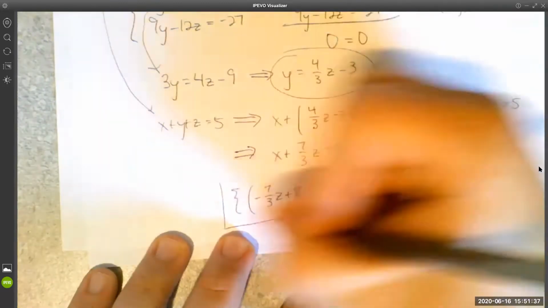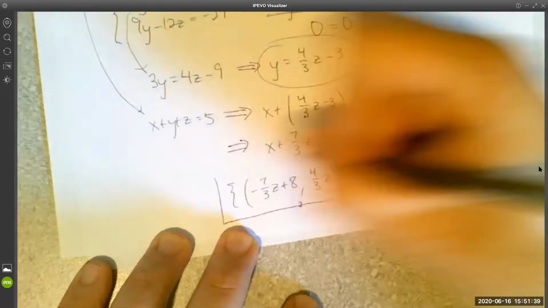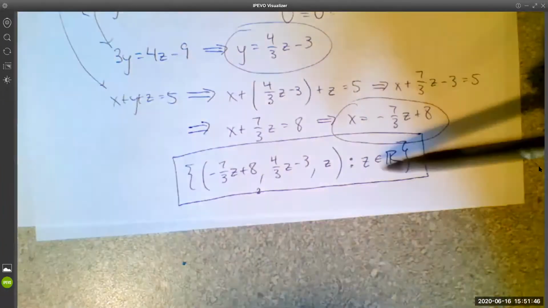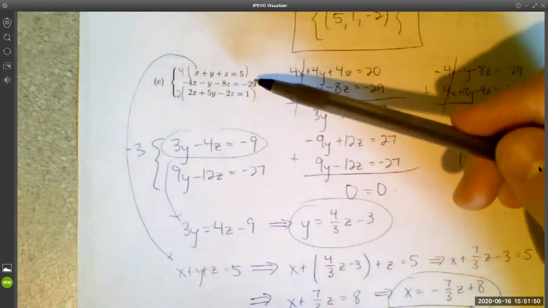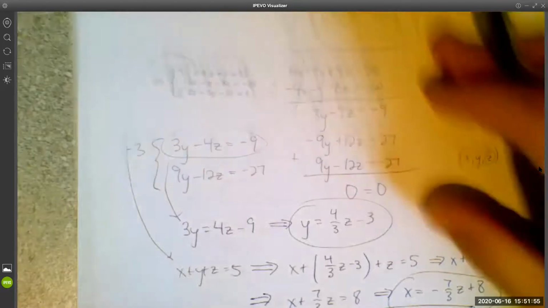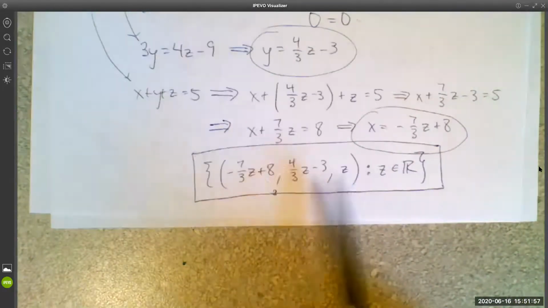So there's that solution set. Again, this solution set generates all of the solutions to this system. This system has infinitely many solutions, but not all ordered triples are solutions. Only the ordered triples that have this format are solutions.